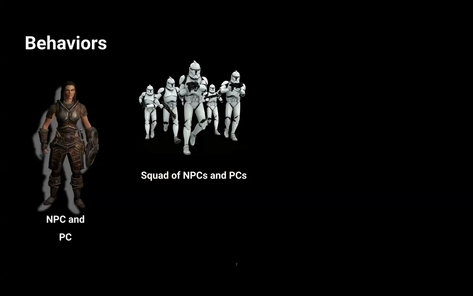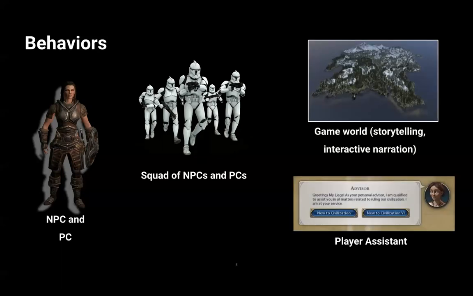Or it could be a multiplayer game, and some of them are bots, but most of them are players. Finally, which is a little less obvious, you could have the game itself be intelligent. For instance, the game world could be changing depending on the player. There could be a player assistant that's helping the player do certain things, or there could be game objects in the environment that need to behave a certain way.